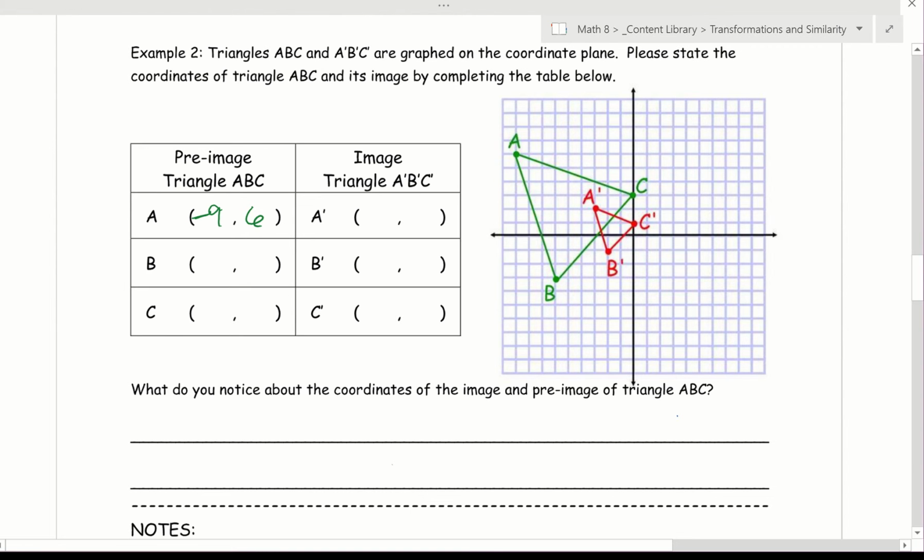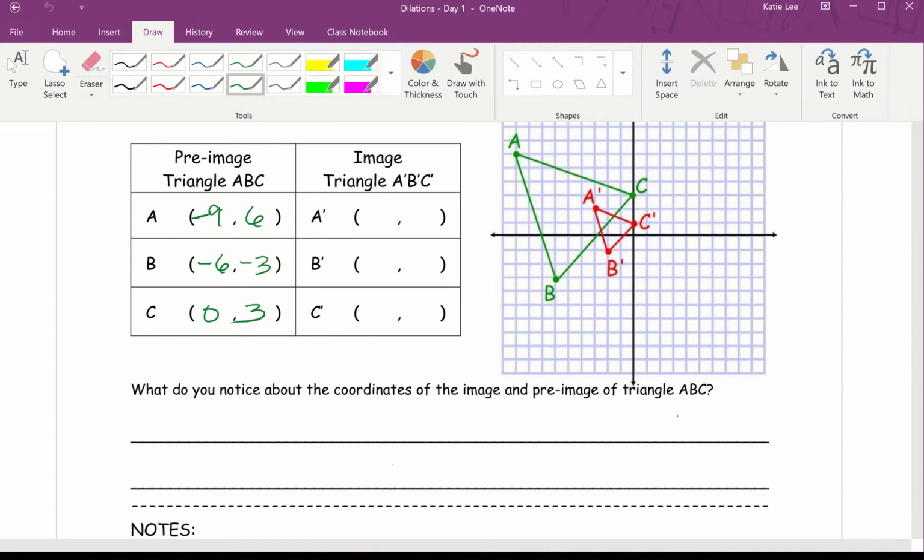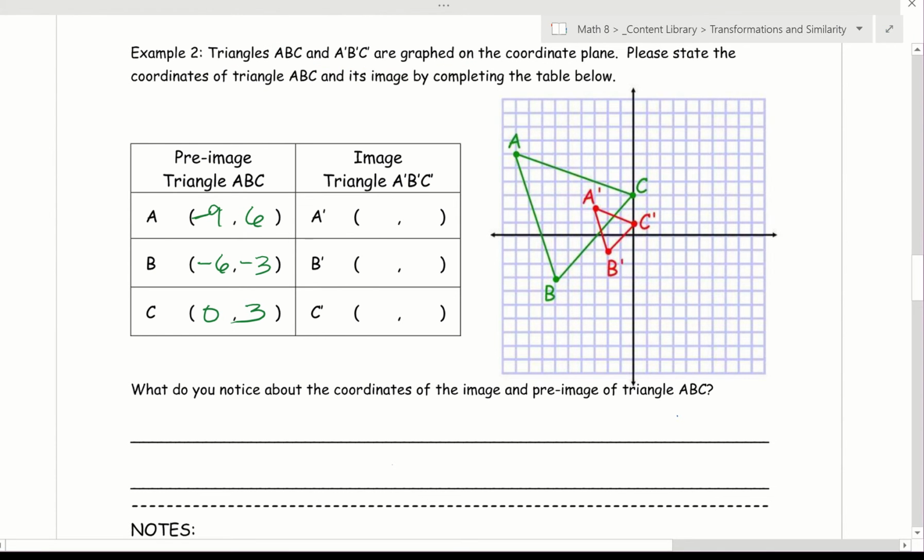For B, we have -6, -3. And for C, we have 0, 3. A prime, B prime, C prime is that red triangle. A prime is -3, 2. B prime is -2, -1. And C prime is 0, 1.